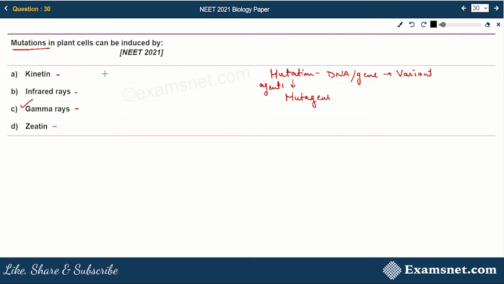These mutagens can be of three types: physical mutagens, chemical mutagens and biological mutagens. Physical mutagens involve different kinds of radiations, for example x-rays, gamma rays, UV rays, etc. So gamma radiation or gamma rays is the correct option.